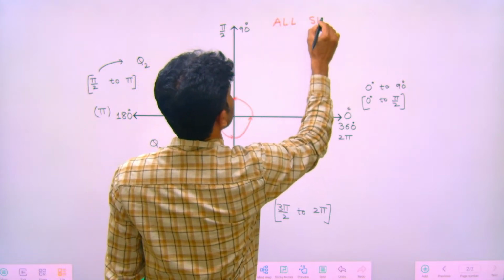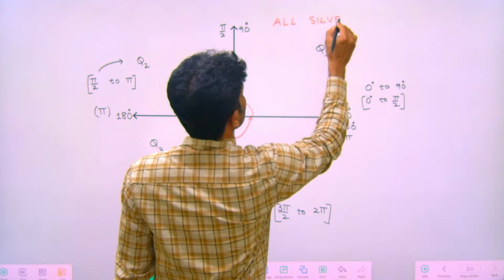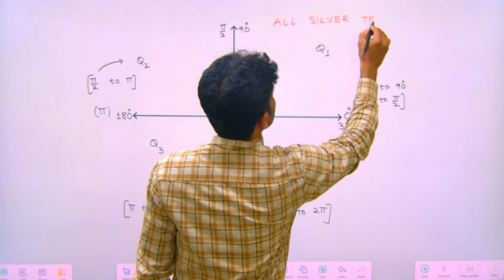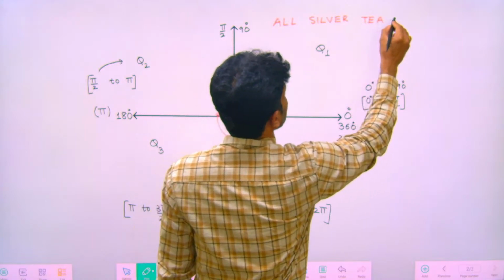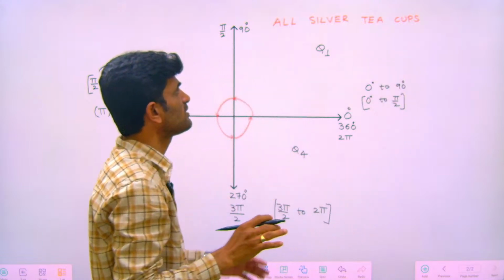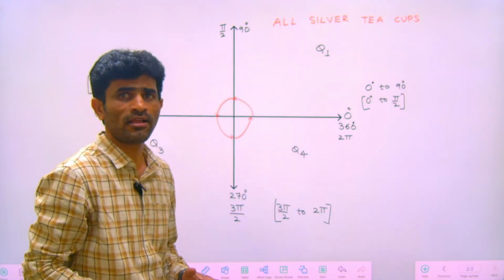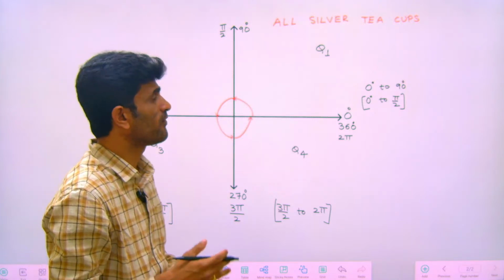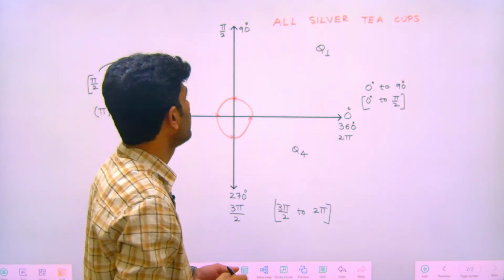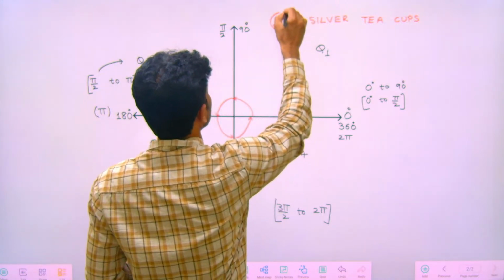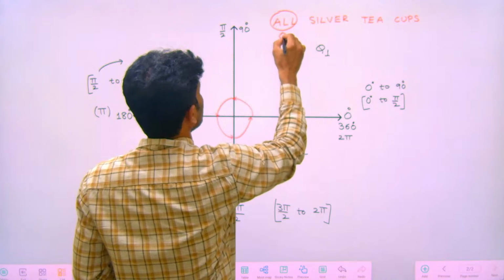All silver teacups. You have to remember this sentence. It will give you an idea of which trigonometric ratio is positive in which quadrant. So the first word, All, we take in quadrant 1.